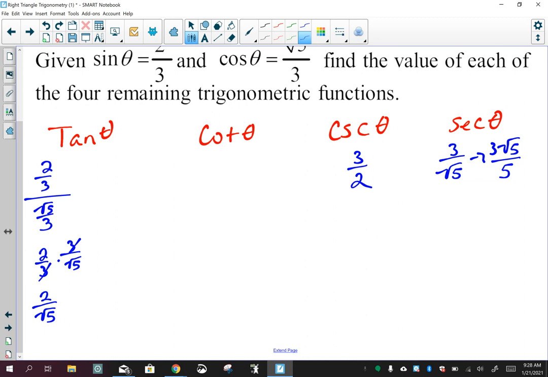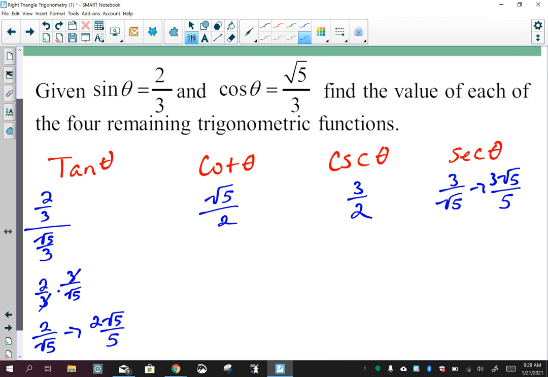I can't have that square root on the bottom, so I have to rationalize. I get 2 square roots of 5 over 5. Cotangent is the reciprocal of tangent, so this is square root of 5 over 2. That's how you use your reciprocal identities and your quotient identities to figure out the other two given the information they gave you.